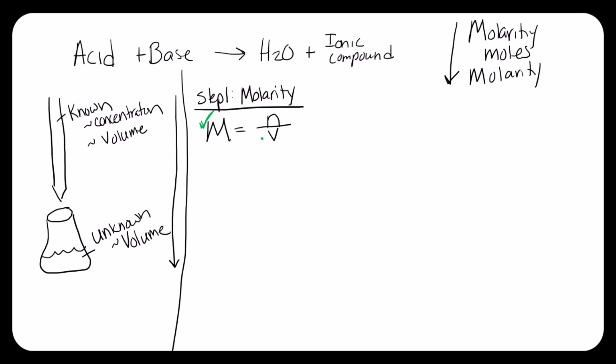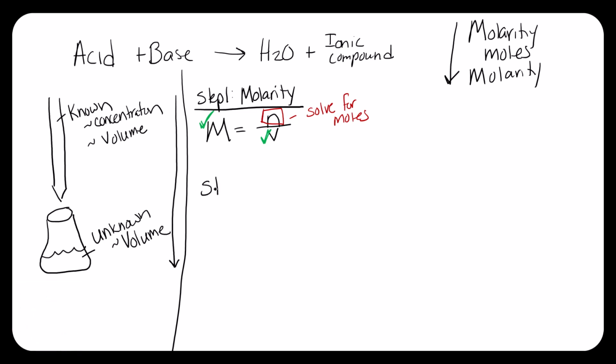So we'll know the volume. And in this case, we'll be solving for this variable at the top. We'll be solving for the number of moles. So how many moles of our known?